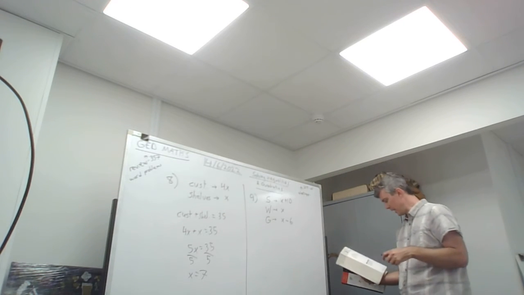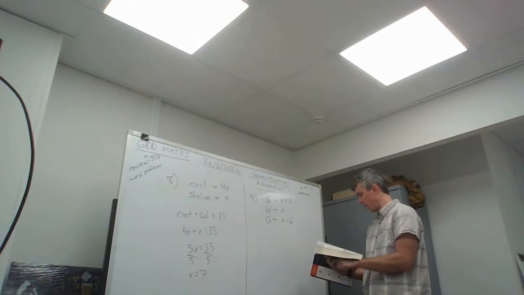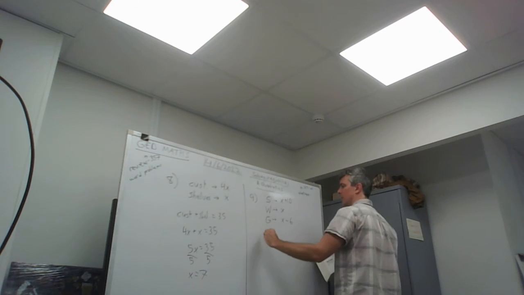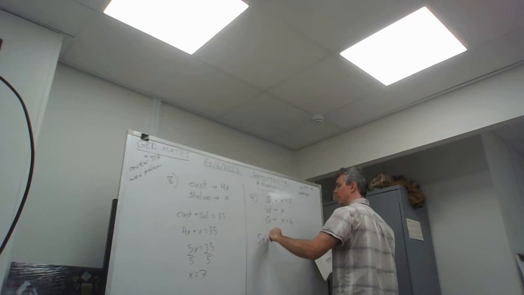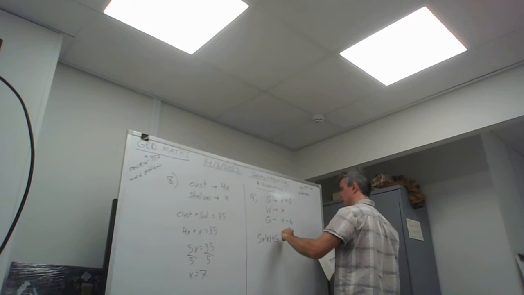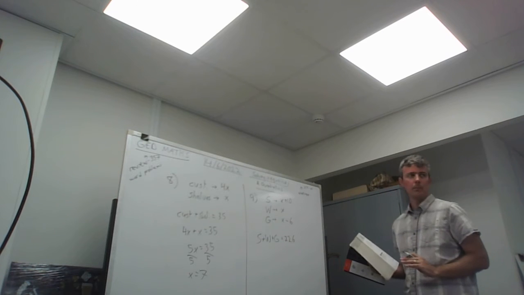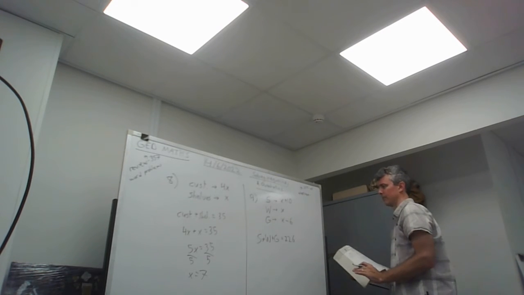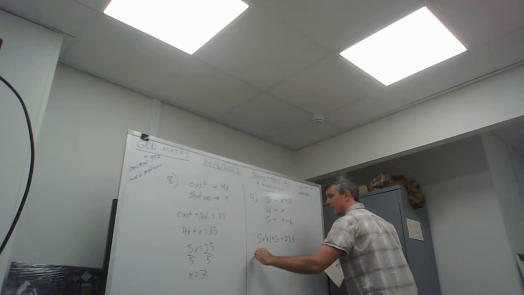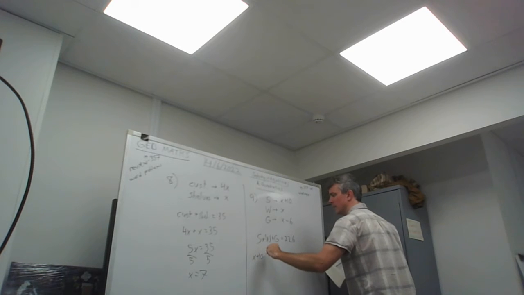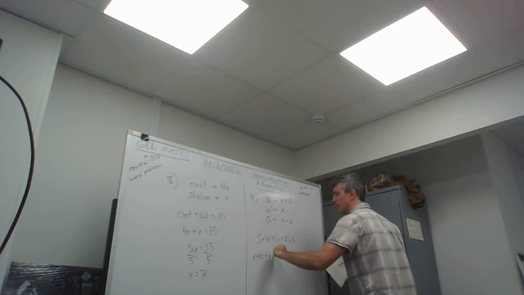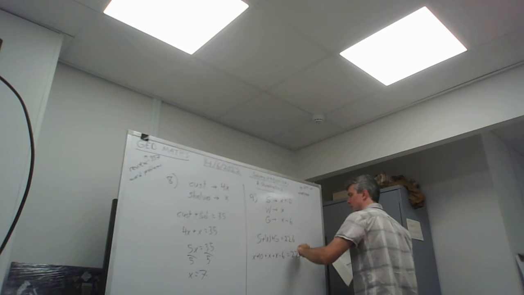Okay, and then it says their scores together are 226. So Sylvia plus Wiley plus Greg equals 226. It's the same sort of problem, it's just we have 3 this time. So we add all these together: X plus 10 plus X plus X minus 6 equals 226.